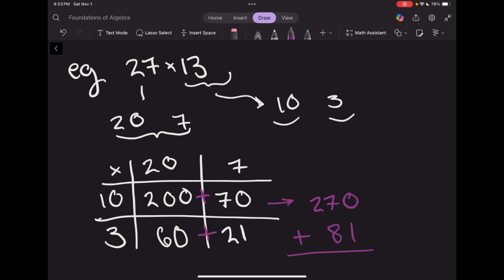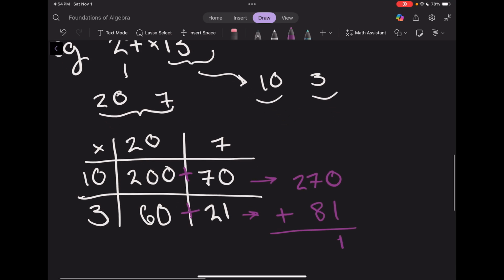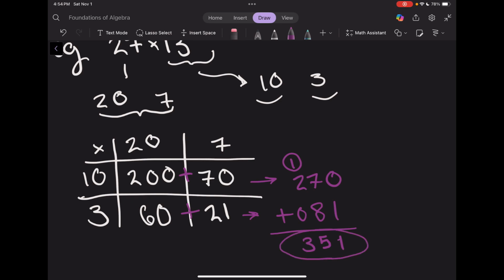Because that gives me that, and that gives me 81. 1, and then 7 plus 8 is 15, but that's bigger than 10, so I'm going to add a 10 over here, and imagine there's like a 0 here. 1 plus 2 is 3, so 351 is my final answer.